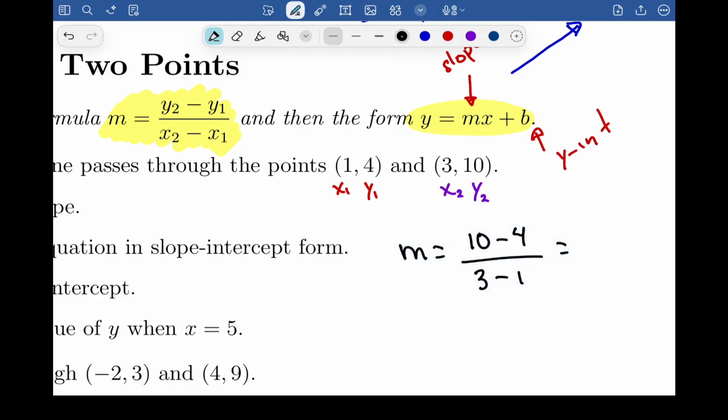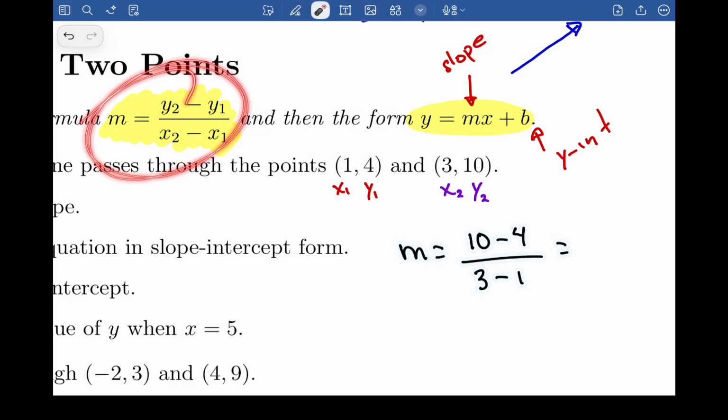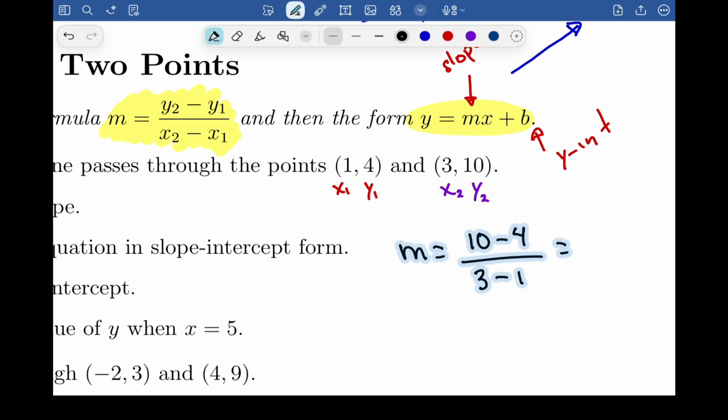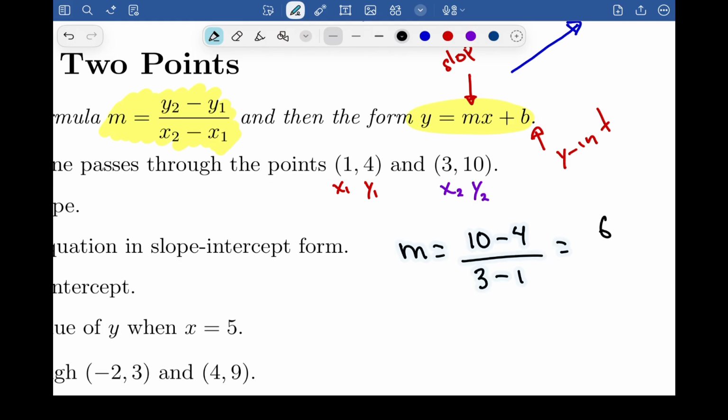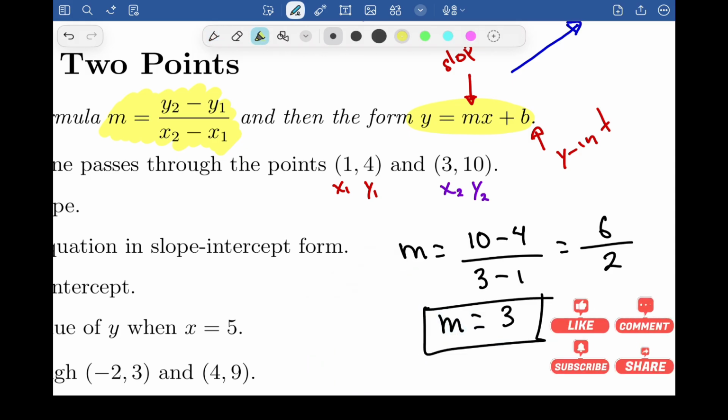Remember, we are following this formula, paying attention to y2, x2, y1, x1. According to this, 10 minus 4 is obviously 6, divided by 2. So the slope m is going to be 3. That's it. The slope is 3.